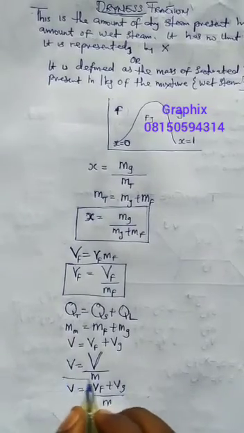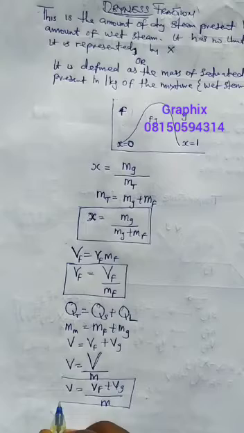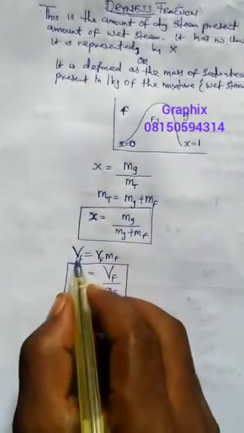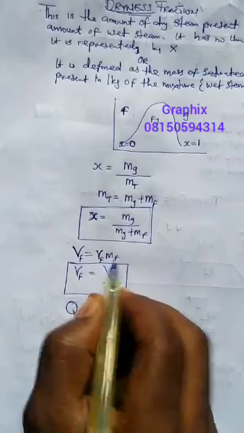It's another relationship here. Are we good? So if you decide to use this, we know Vf is equal to vf mf.